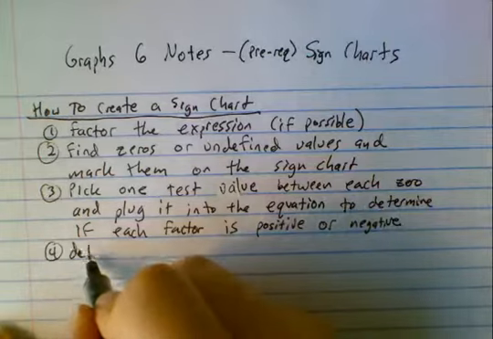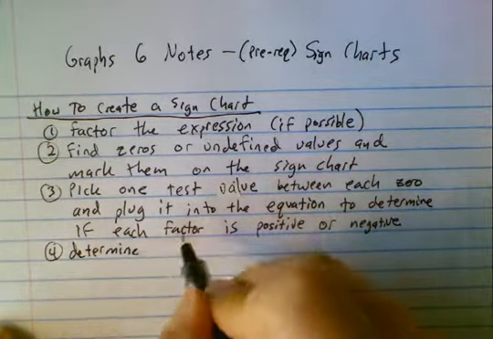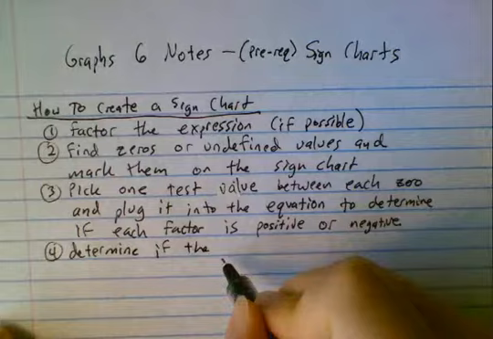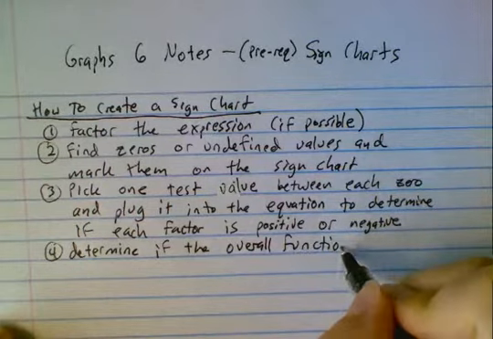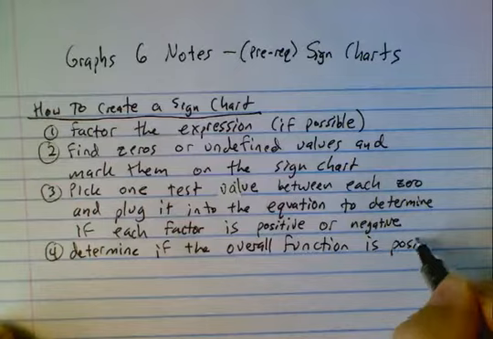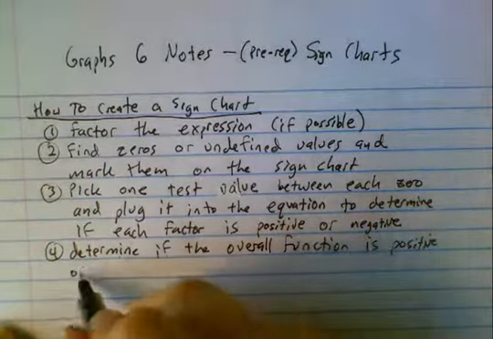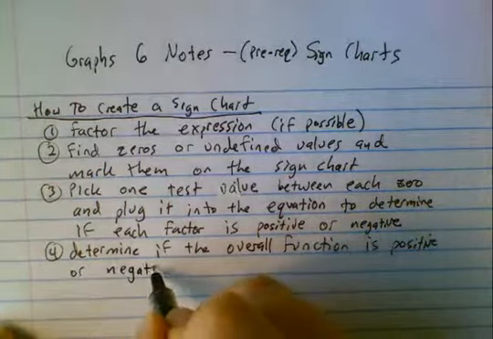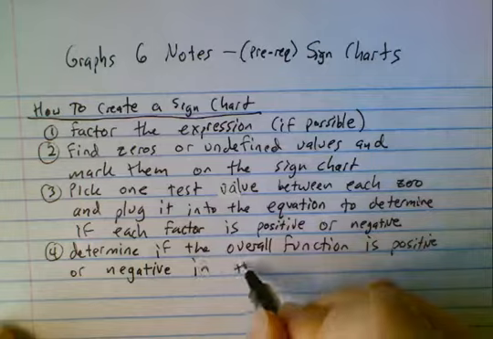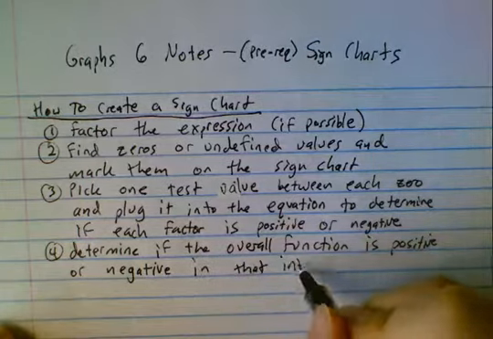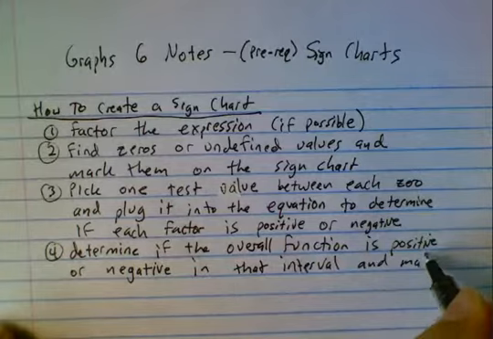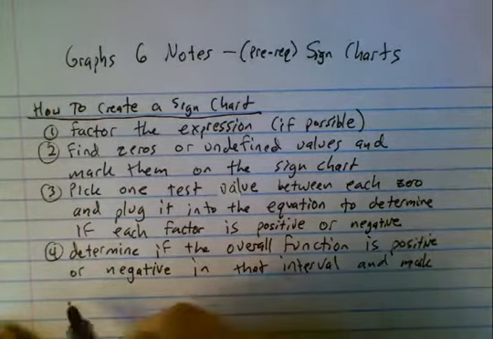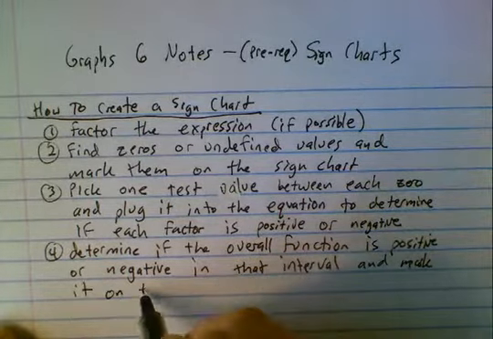And then lastly, determine if the overall function is positive or negative in that interval, and mark it on the sign chart.